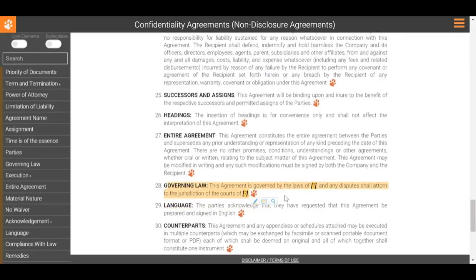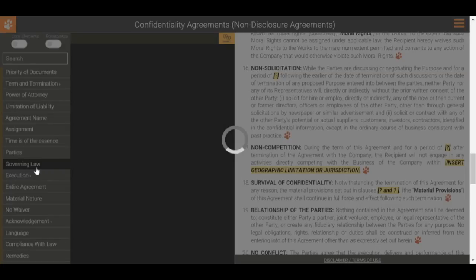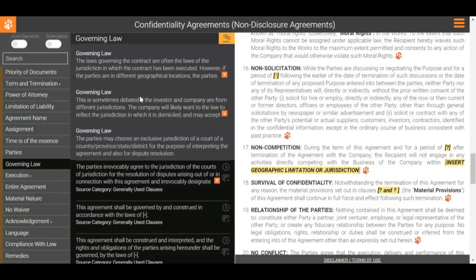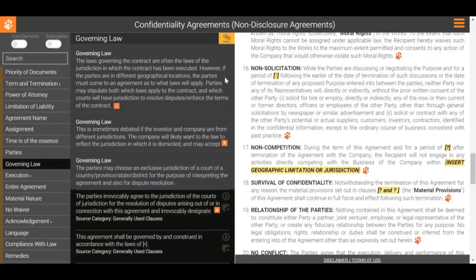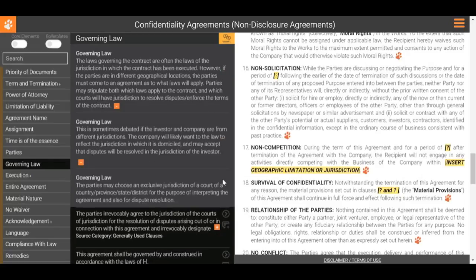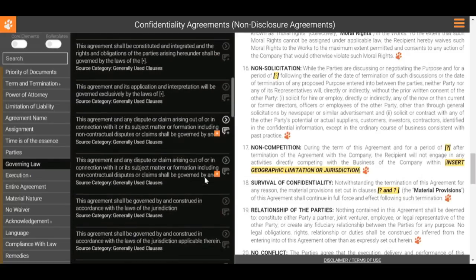In this clause here, the agreement is governed by the laws of insert, and any disputes shall return to the jurisdiction of the courts of insert. And as you can see, we've included sample language as well as commentary on this point within our knowledge panel.